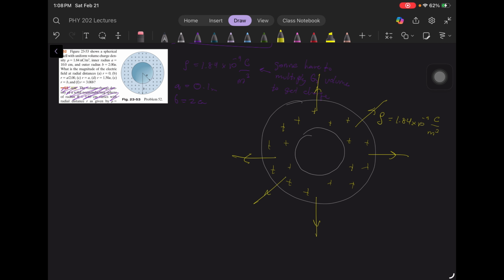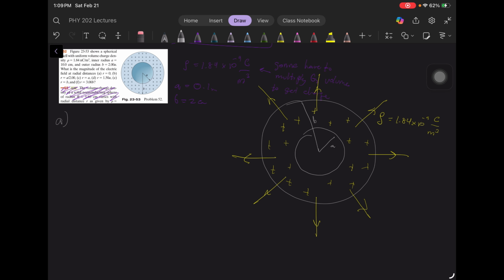Right, this is what we expect the electric field to look like, so when we're drawing some surfaces later, it might be a little easier. We can say this distance here is A, this distance here is B. Right, off to a pretty good start. And so let's see what part A is asking for.